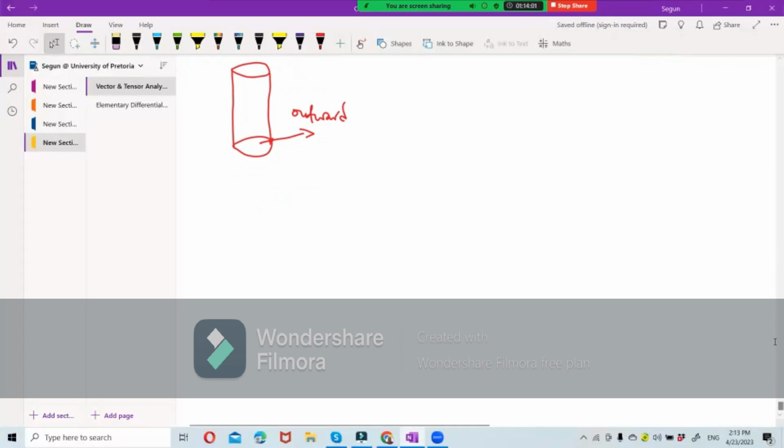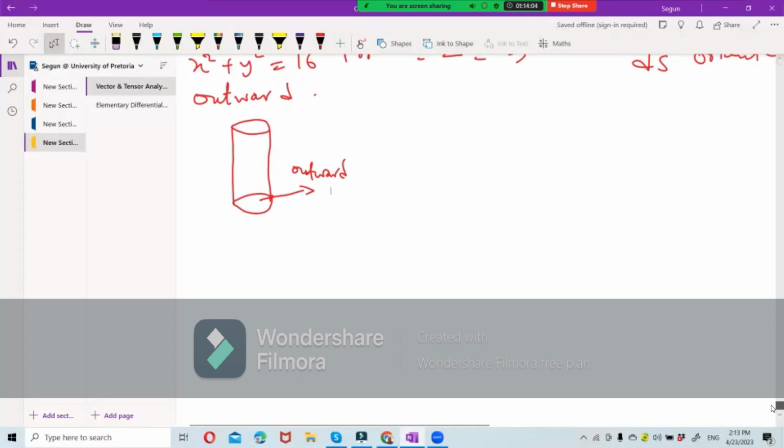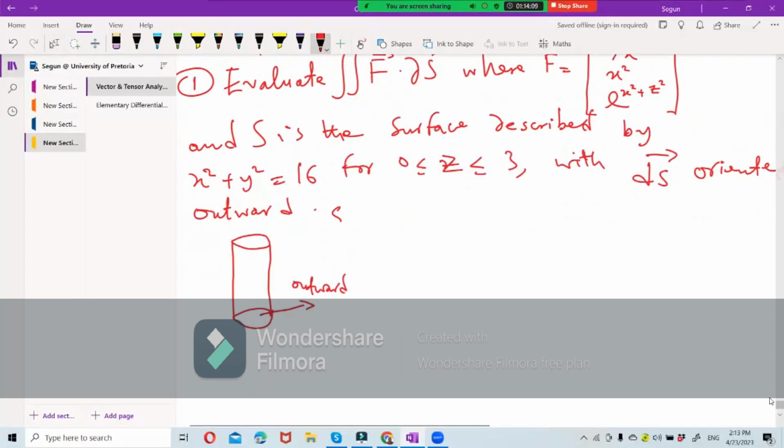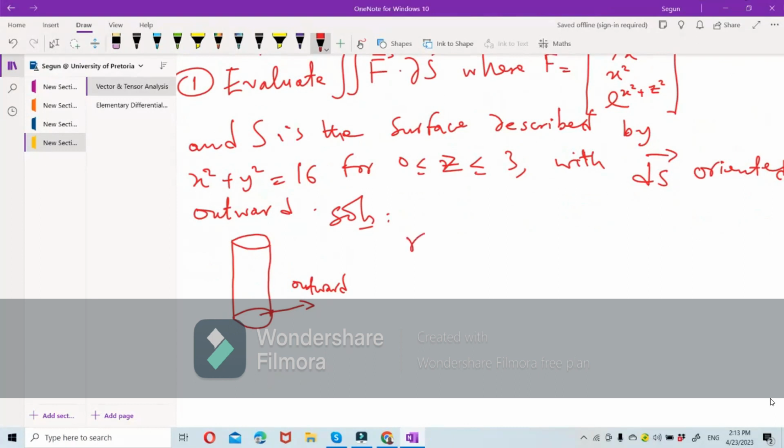Now that we have outward, what is going to be our representation? The way we will start this one. From here, we know the solution will be, if I say the vector r of theta comma z is the same thing as, do we agree with me?